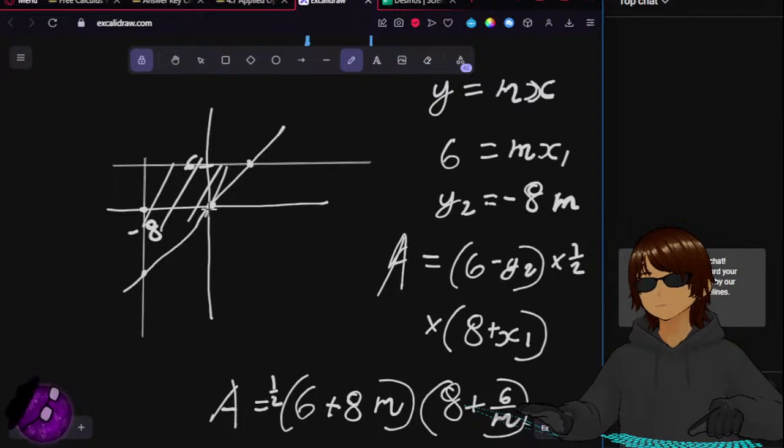That's one value, that's this length. And then this length is 8 plus 6 over m.